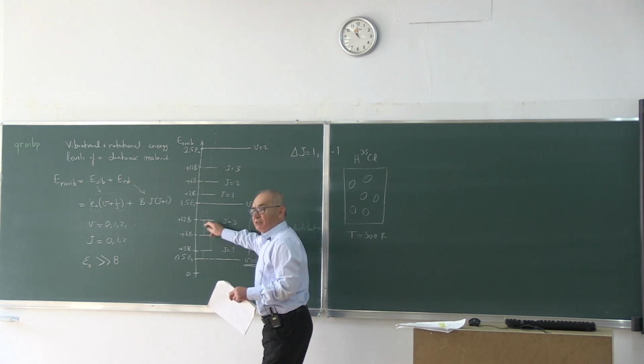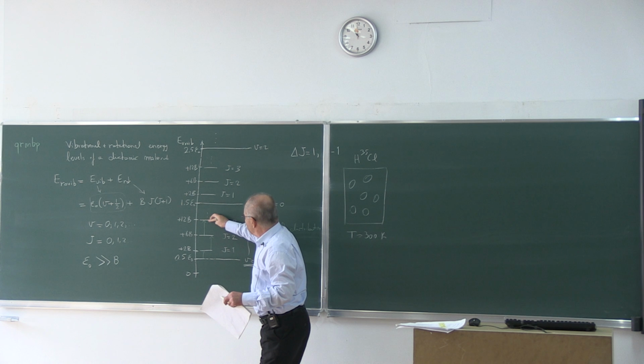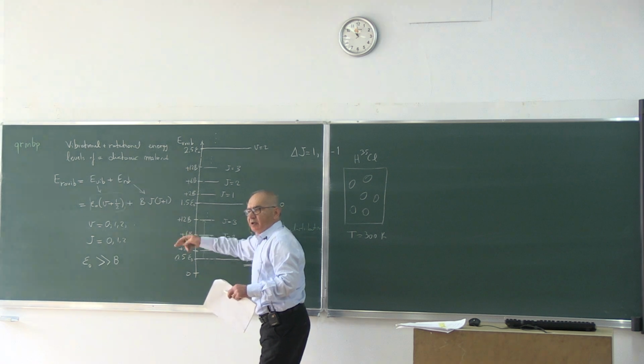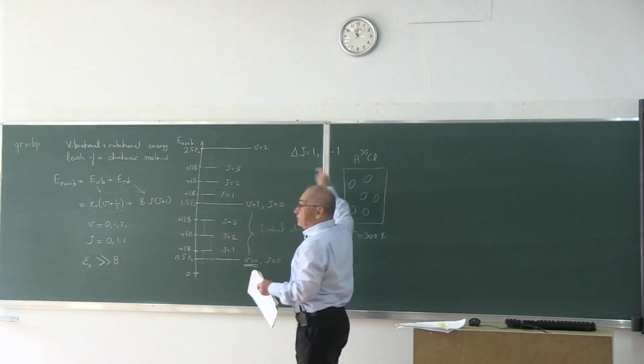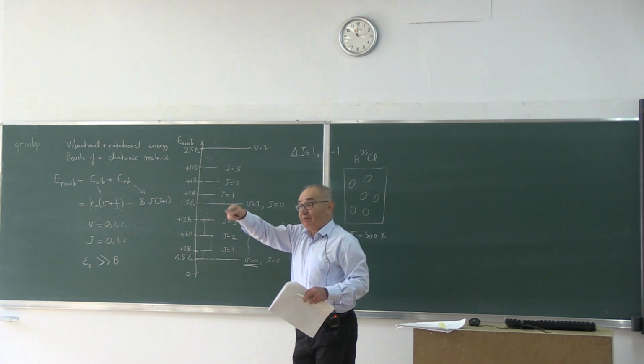The photon frequencies that you see here, what are they? The difference between final state minus initial state. Say 12B minus 6B is 6B. 6B for HCl is just 6 times 10, 60 wave number unit, centimeter minus 1 unit.